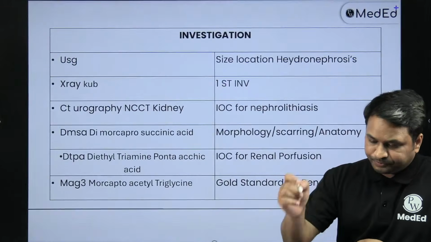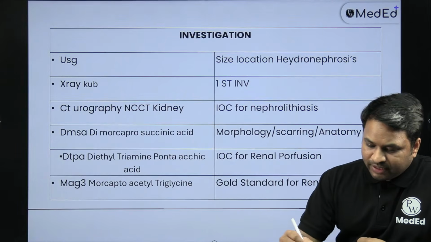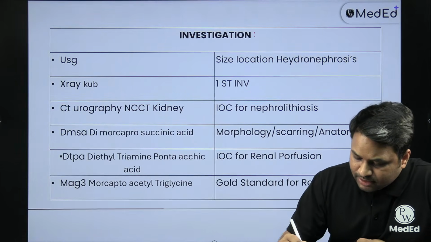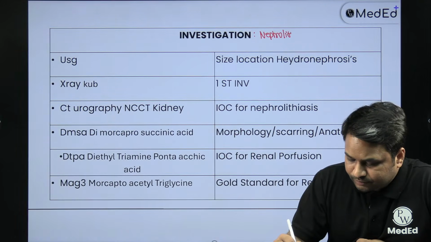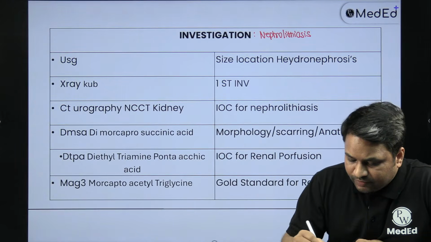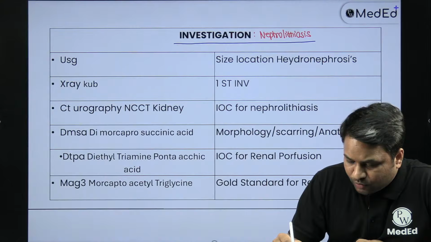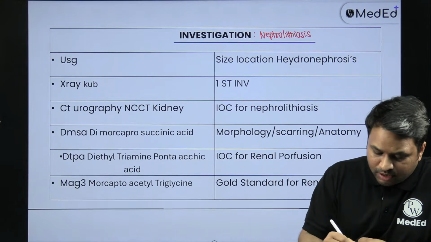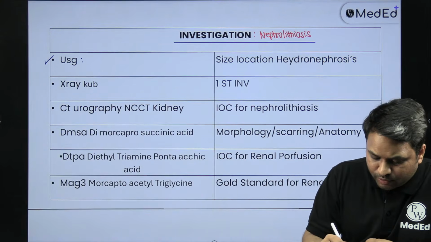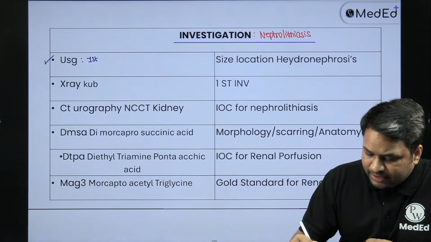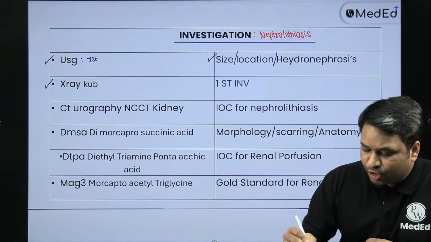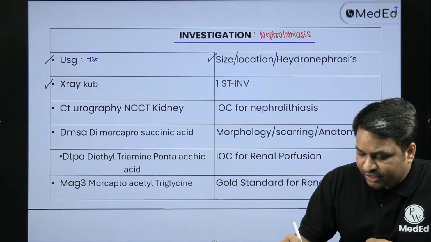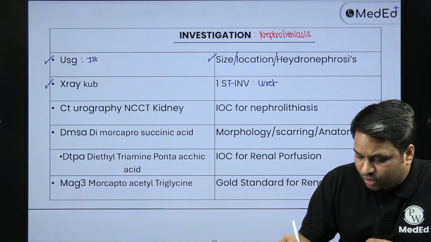Now, when we talk about the investigation in nephrolithiasis, the first investigation that you would do is an ultrasound to look at the size, location, and status of hydronephrosis. X-ray KUB is the first investigation if the patient presents with ureteric colic.